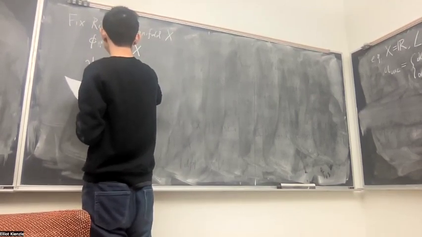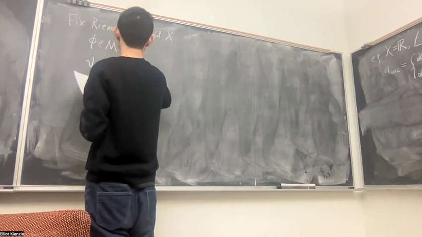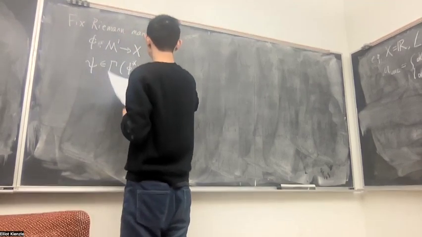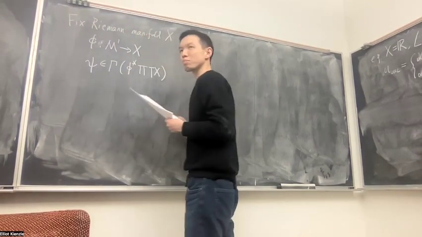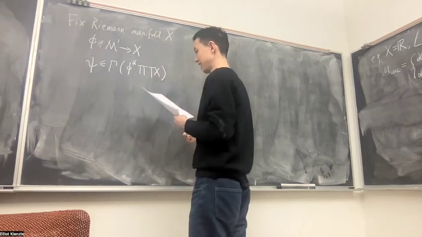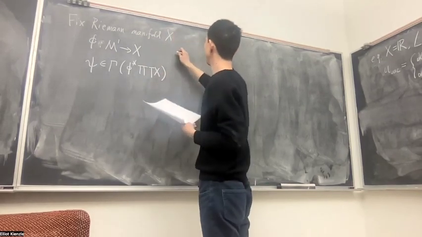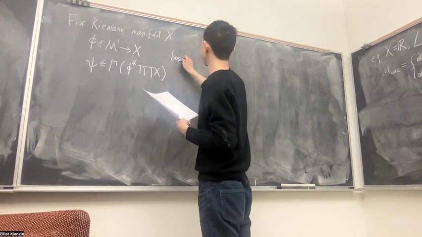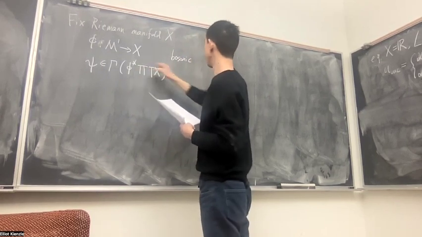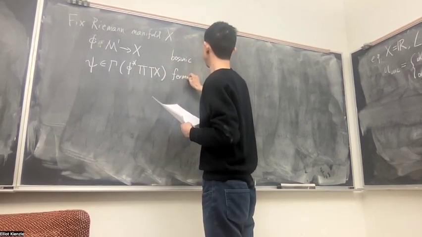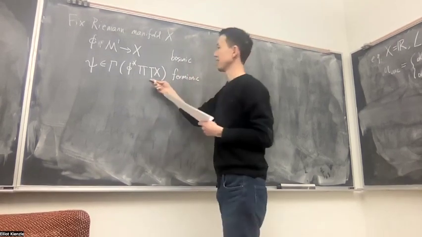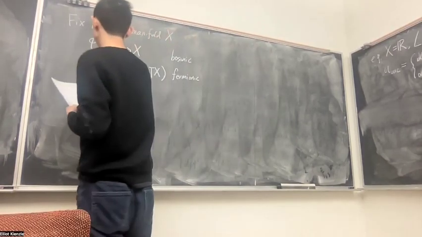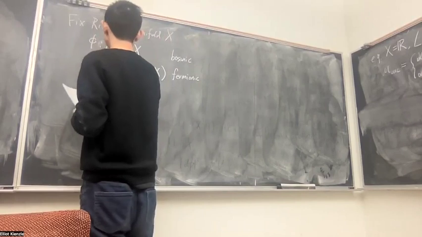We want this psi to be a section of the pullback under phi of the parity-reversed tangent bundle of X. Usually people call phi the bosonic field and psi the fermionic field, because it lives in some odd direction.